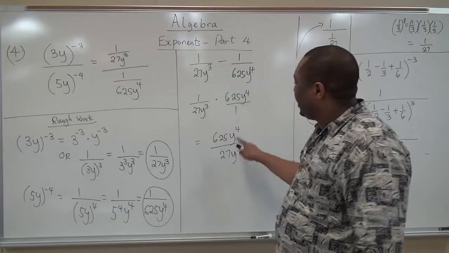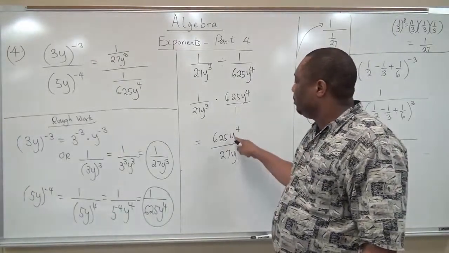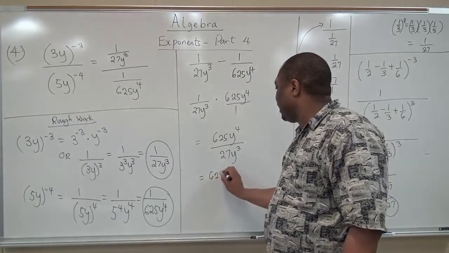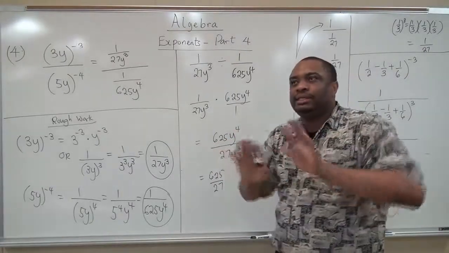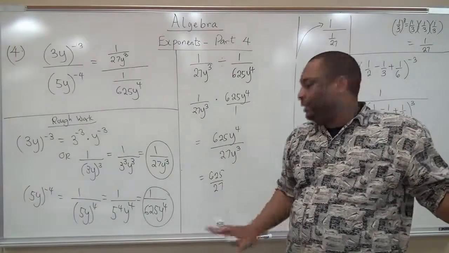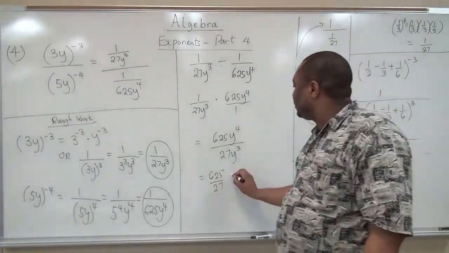Now, we can finish this up. Remember, we still have work to do because this is y, this is y. So this is like saying 625 over 27. Dissociate. Dissociate means separate. Constants stay by yourself, variables stay by yourself.